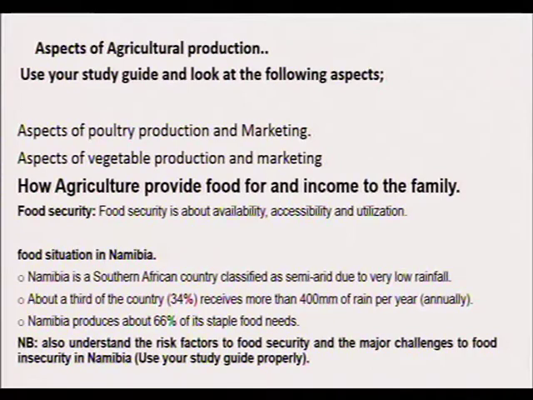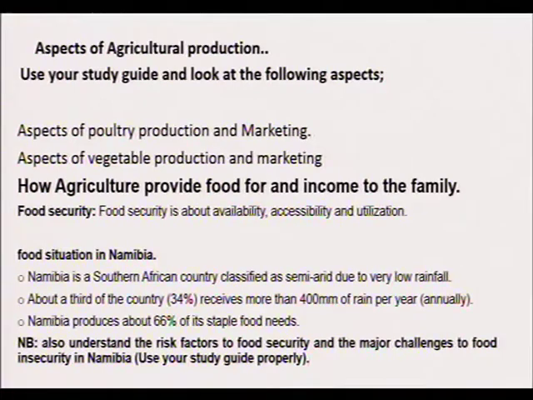And Namibia produces about 66% of its staple food needs. When we talk about staple food, we are referring to things like pearl millet, maize, or legumes. These are the common local products, the staple food that we produce here in Namibia.